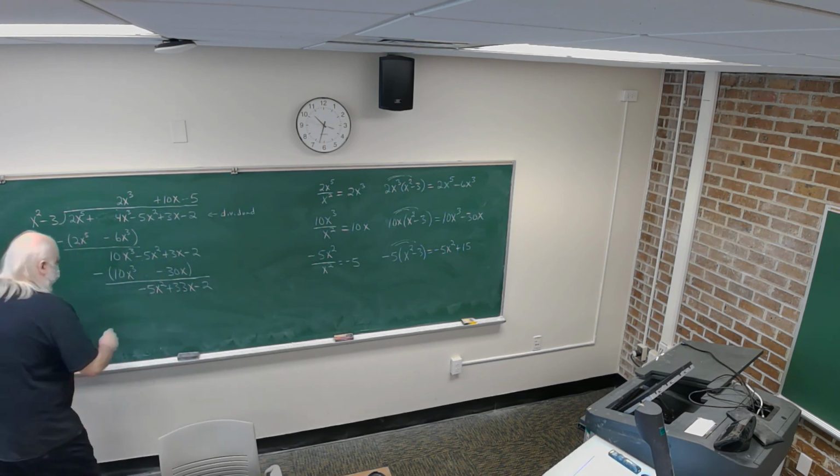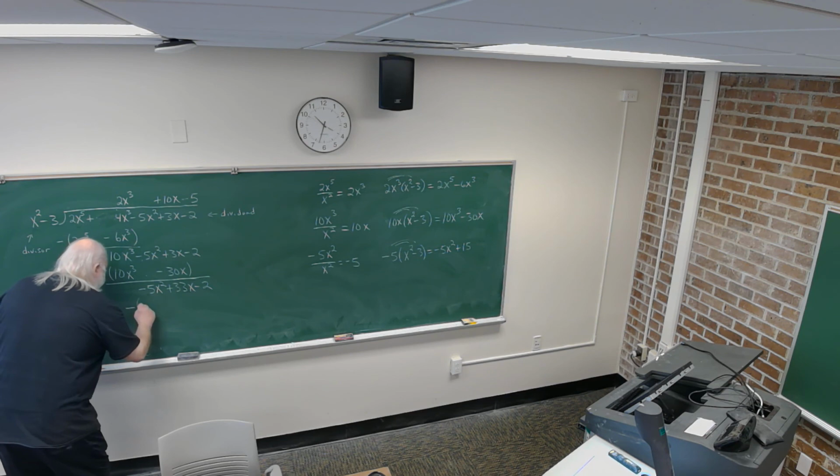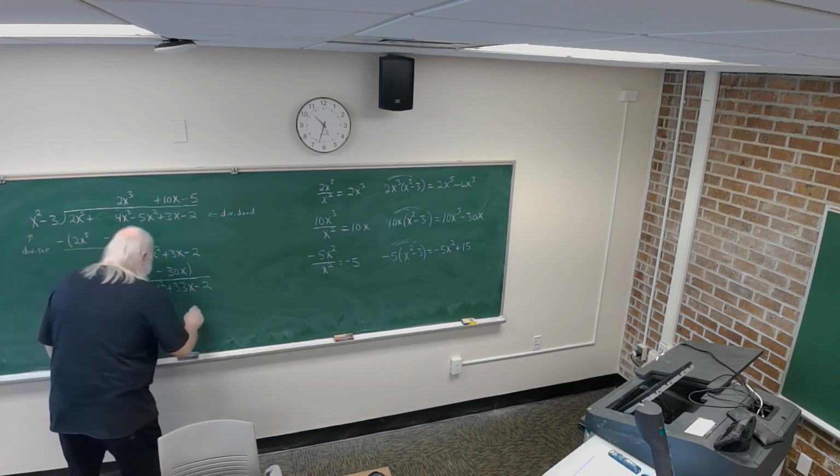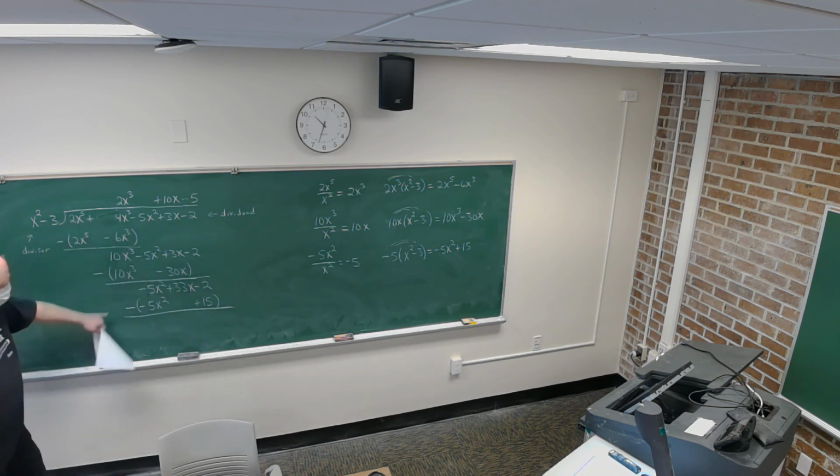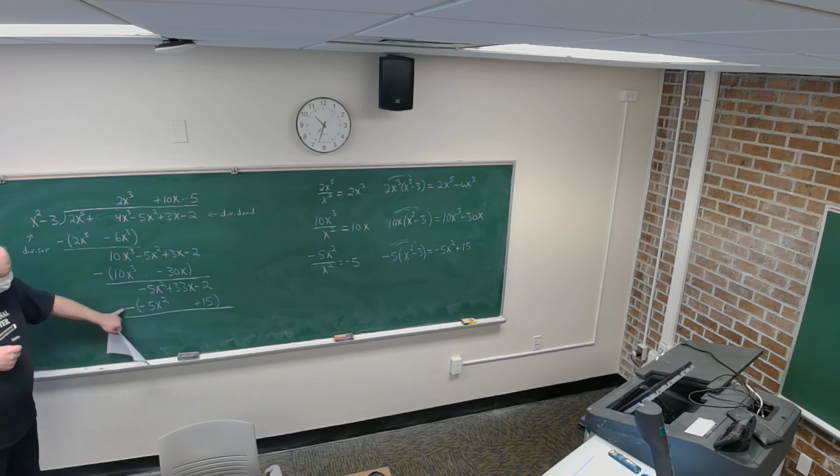So you got to subtract minus 5x squared plus 15 from that quadratic right here. So when you distribute the minus sign, minus 5x squared becomes plus 5x squared, plus 5x squared minus 5x squared is 0, which is what you want.